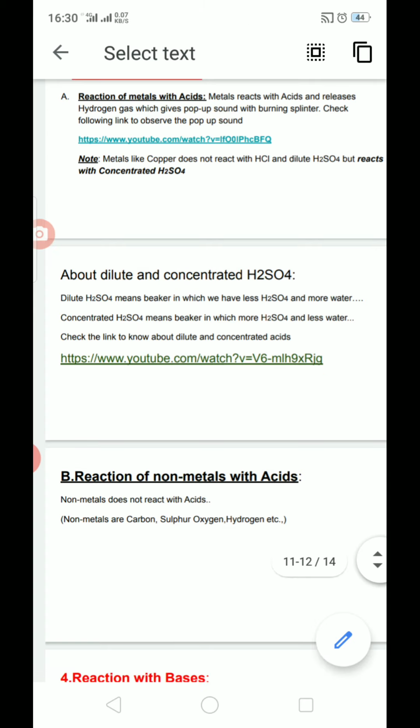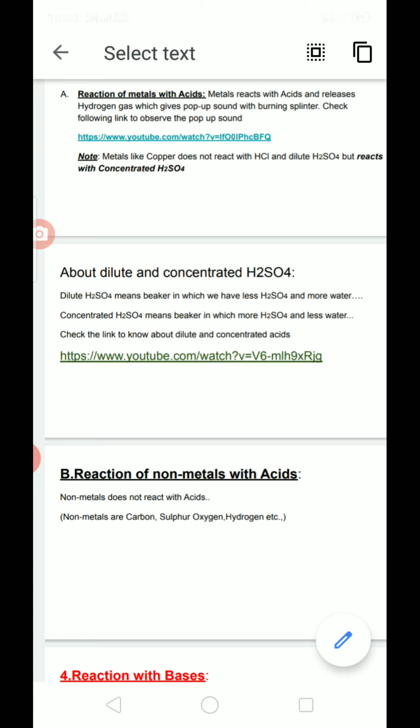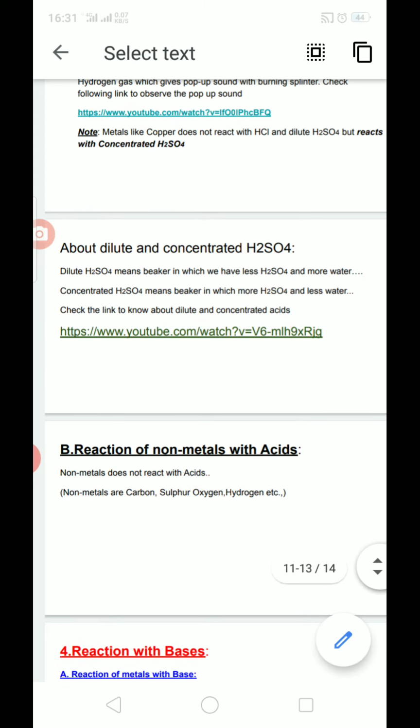So in a given container, if water is more and acid is less, it is called dilute acid. If in a given beaker water is less and acid is more, it is called concentrated acid. To know the variation of dilute and concentrated acids, you can check the video given below.